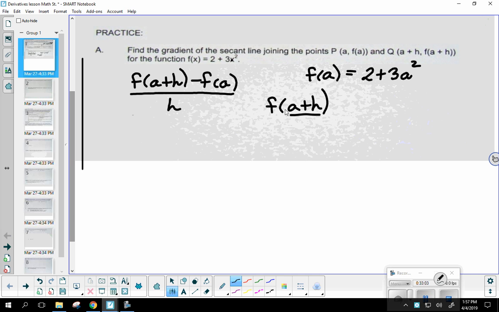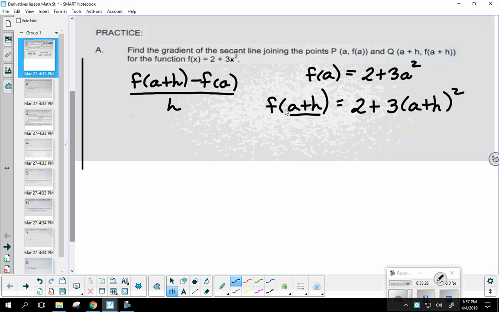A plus h. Okay, see, that's the new input. There you go. So this would be 2 plus 3, but instead of x squared, a plus h squared. See, a plus h just represents a different value further along the x-axis. Remember, just like I showed you graphically.